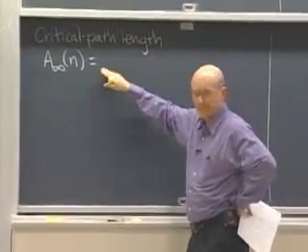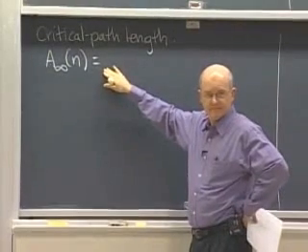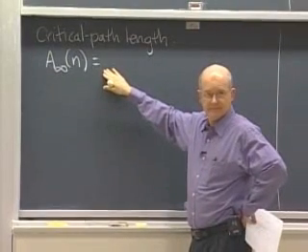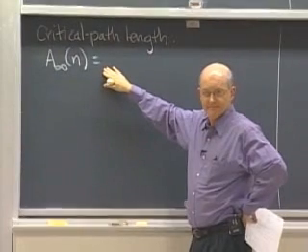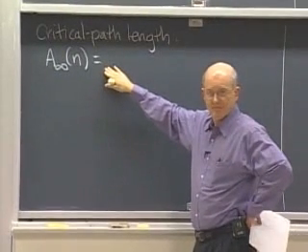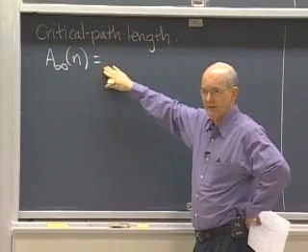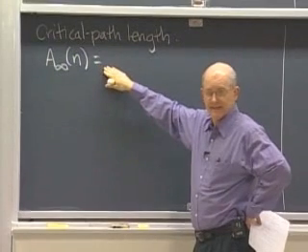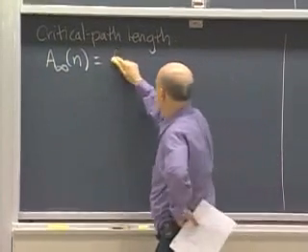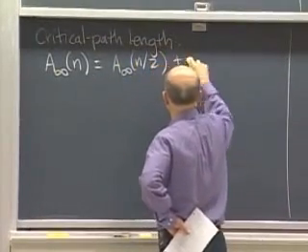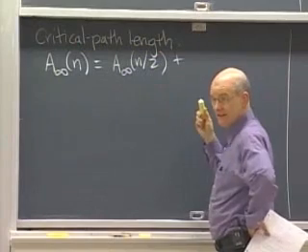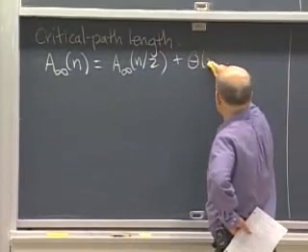So what's the recurrence that I get out of this one? Yeah, A infinity of n over 2 plus constant.